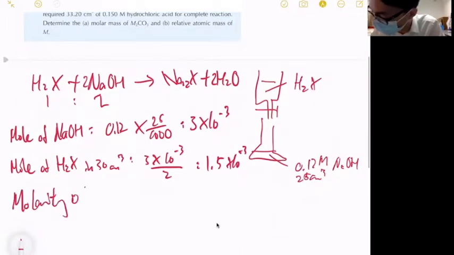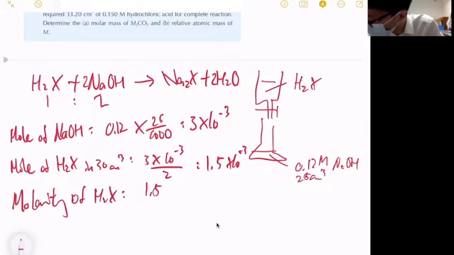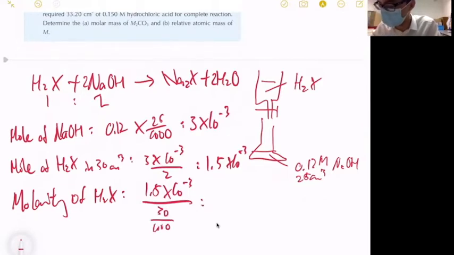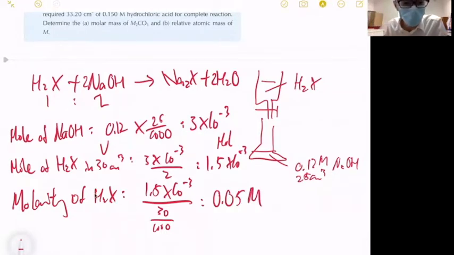And the molarity of H2X then will be 1.5 times 10 to the power of negative 3 divided by 30 divided by 1000, because it is a volume in dm³. And simply do the calculation with the calculator again, and you get 0.05 M. So the solution will be 0.05 M.